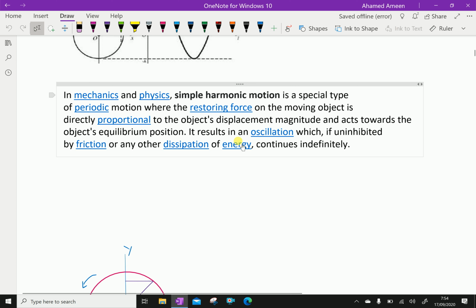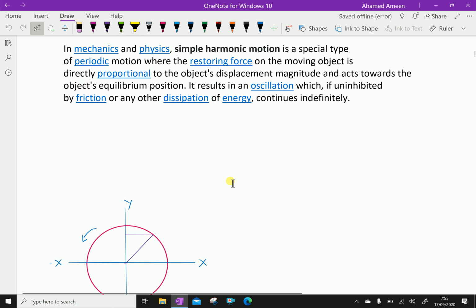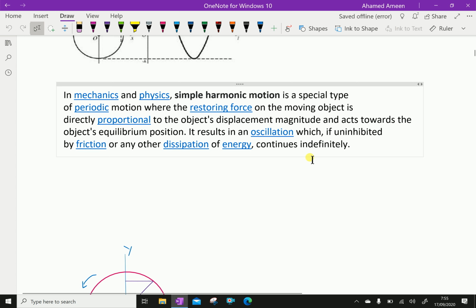It results in an oscillation which continues if there is no friction or dissipation of energy; it continues infinitely. But practically, it won't continue infinitely because air friction and other friction in equipment will slow down and stop the motion.